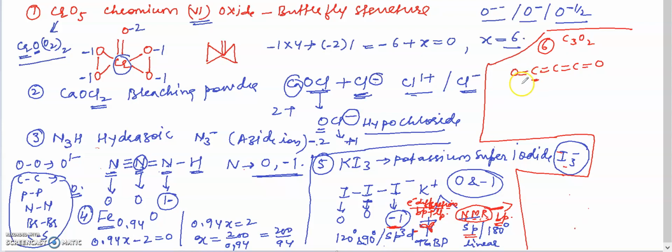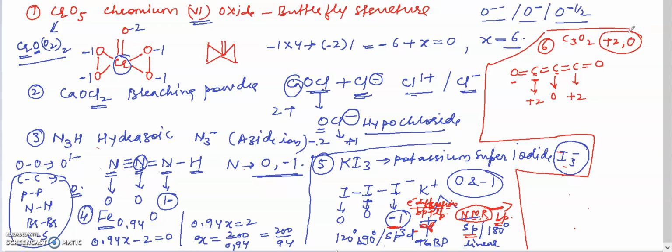This carbon, because of this oxygen, will have +2 charge, and because of this carbon will have 0. So net charge it will have +2. What about this carbon? Because of this carbon it will have 0, and because of this oxygen, which is -2 charge, this will have +2 charge. What about this carbon? Because of both carbons, this will have 0. So in C3O2, carbon is showing +2 and 0 oxidation states.